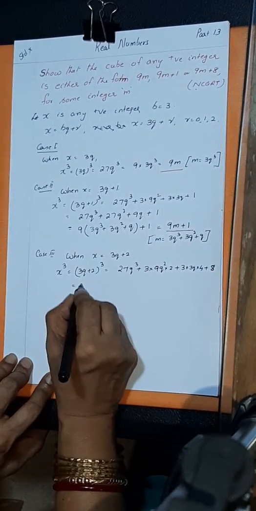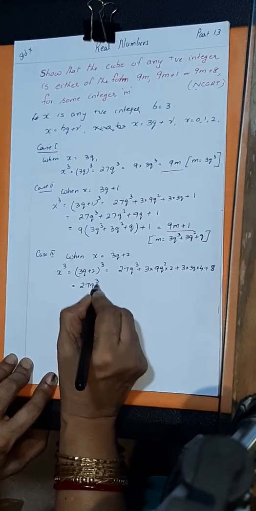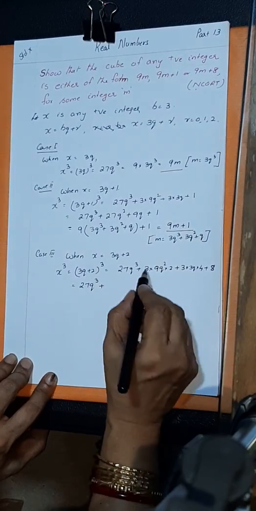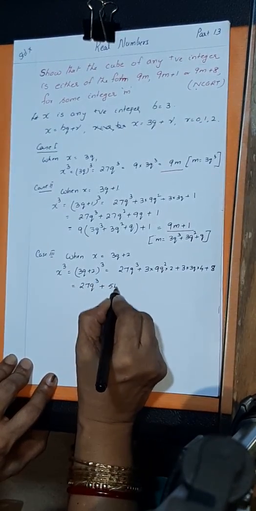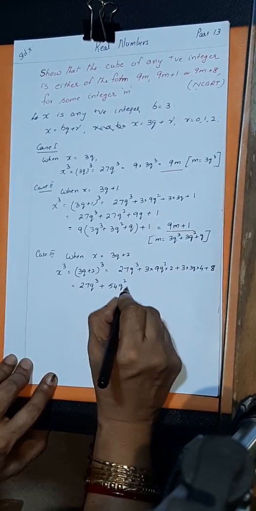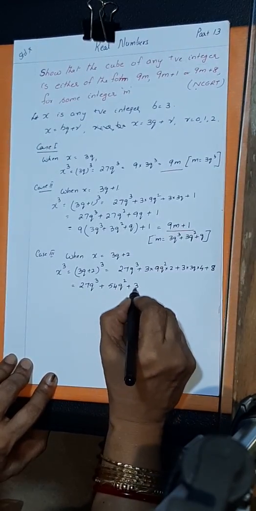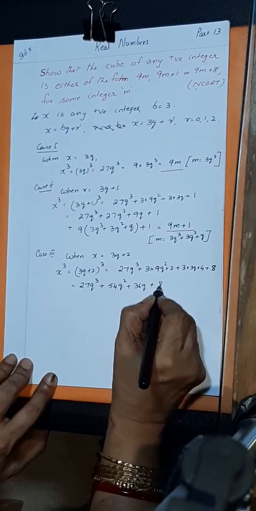So this is equal to 27q cube plus 54q squared plus 36q plus 8.